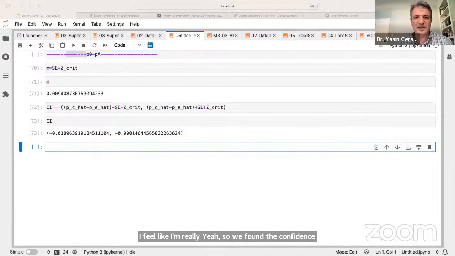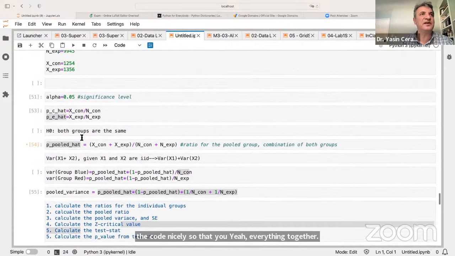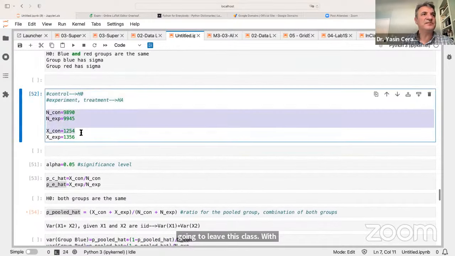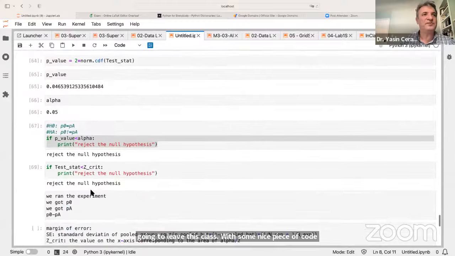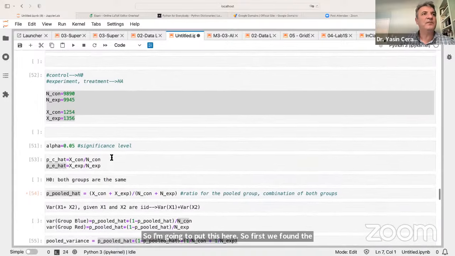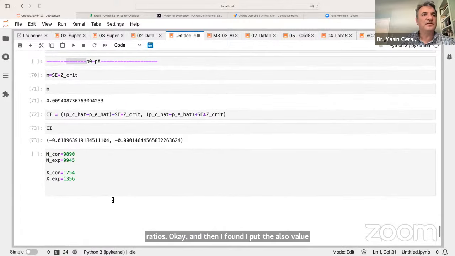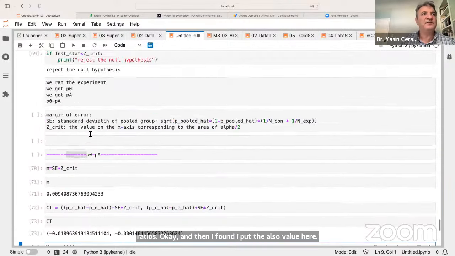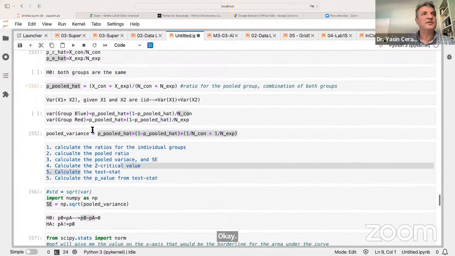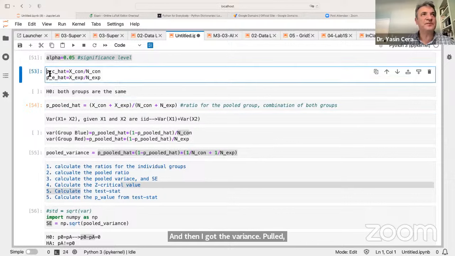So let me write the code nicely so that you get everything together. Let me put everything together so that we leave this class with some nice piece of code. First we found the ratios, and then I put the alpha value here, and then I got the pooled p hat and pooled variance of this one.